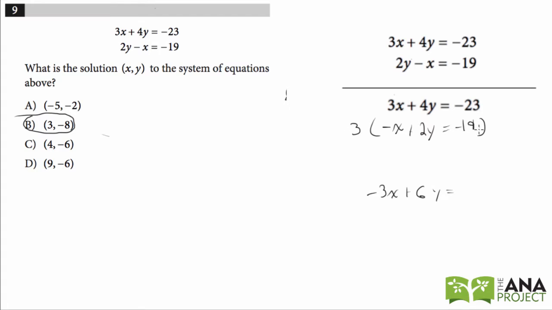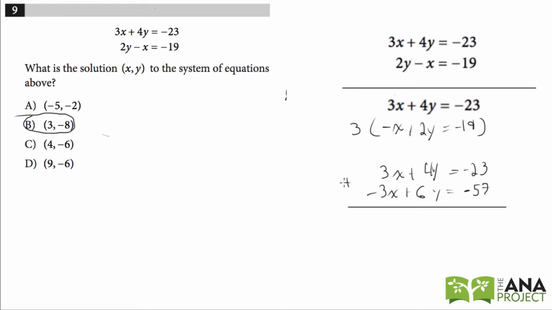And then 3 times negative 19 is negative 57. And then the first equation, 3x plus 4y equals negative 23, I'm just going to rewrite that. You might be asking, why did you multiply by 3?